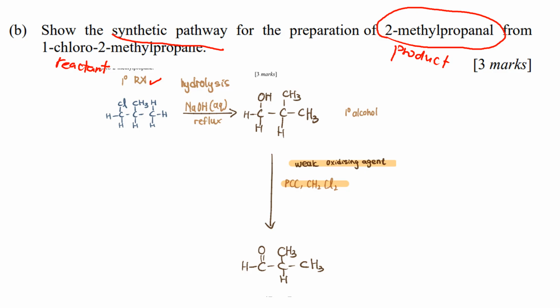So it undergoes hydrolysis using aqueous NaOH reflux to produce a primary alcohol, and the primary alcohol undergoes oxidation using a weak oxidizing agent to produce the aldehyde. So this is the 3 marks for the synthetic pathway.